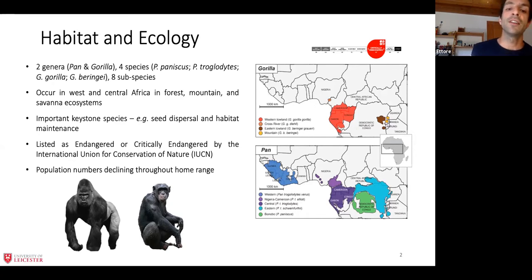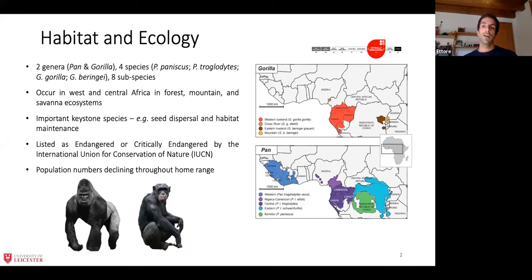They perform vital functions such as seed dispersal, which is crucial for the recruitment of trees and for maintaining the heterogeneity of the habitat, so that other animal communities can thrive in the same environment.